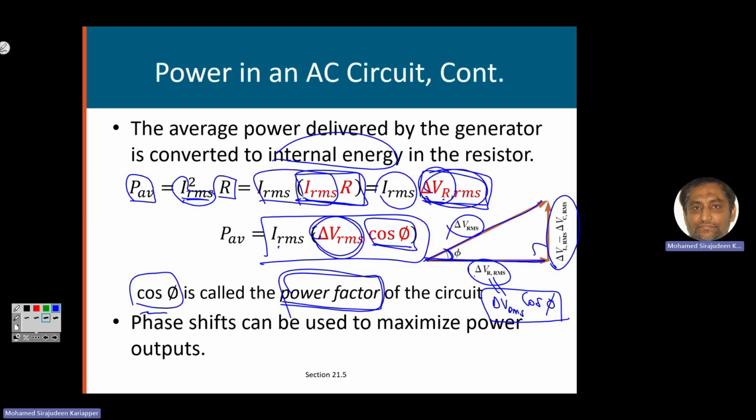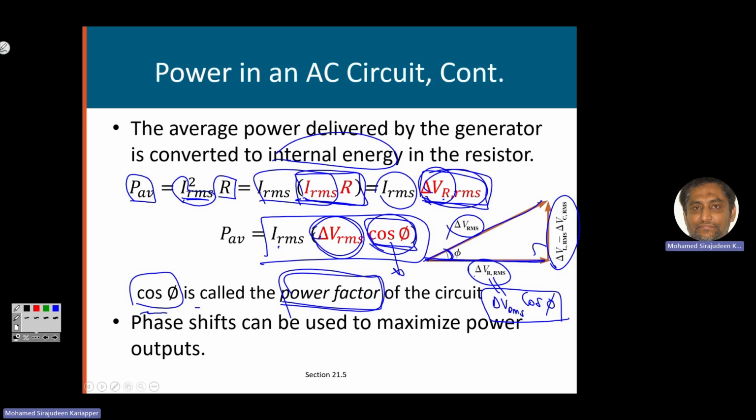So we can see that if we want maximum power, we have to make the cosine phi maximum. What is the maximum value cosine phi can take? Cosine is 1, right? It cannot be more than 1. So when cosine phi becomes 1, for what value of phi? 0.